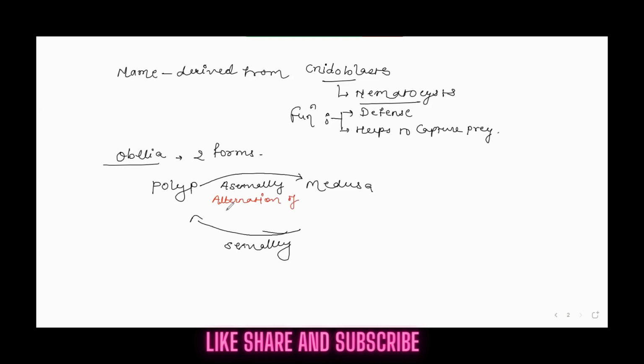Alternation of generation, that is also metagenesis. Okay, so polyp, you can observe, is sessile, while medusae are free swimming.